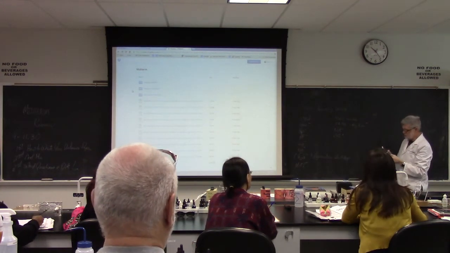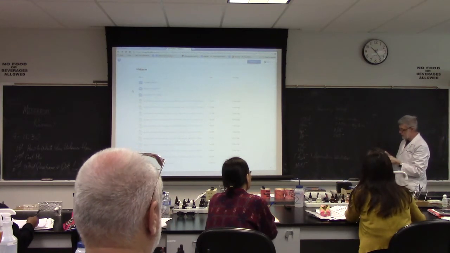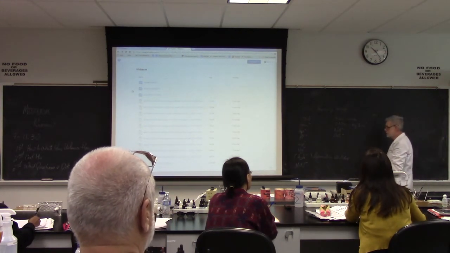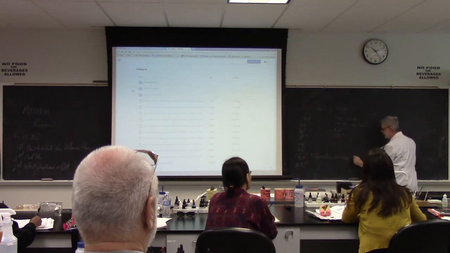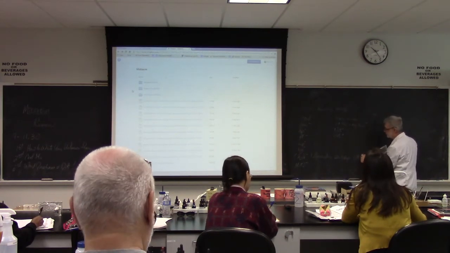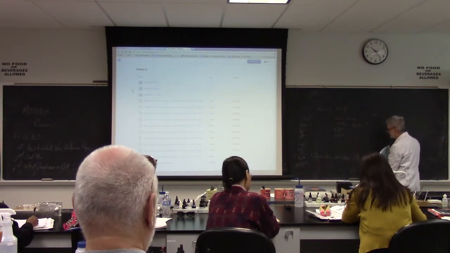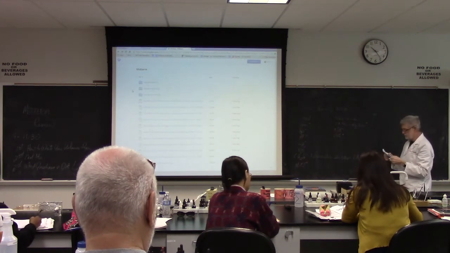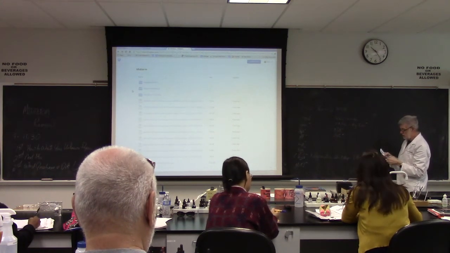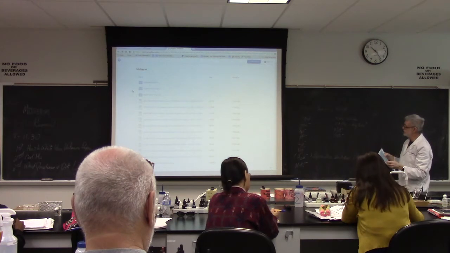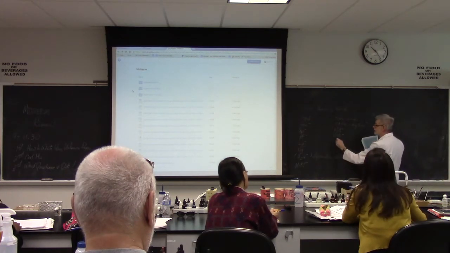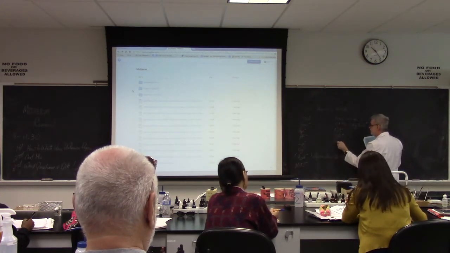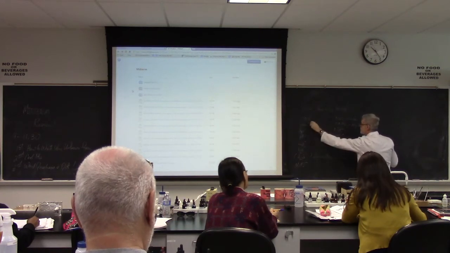With some dark crystals, but no change in the color of the agar. So the dark crystals might indicate hydrogen sulfide, but again, not a real definitive answer. Let's see, we do know that since they grew on it, it is gram negative. We already knew that.